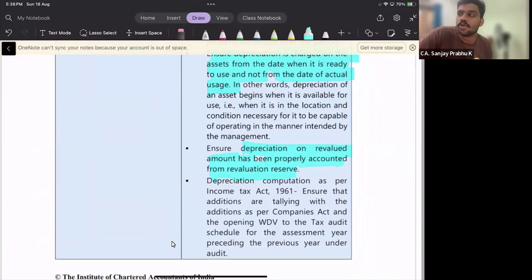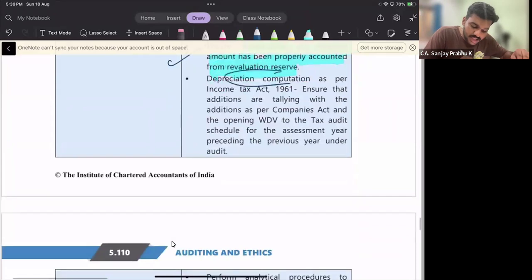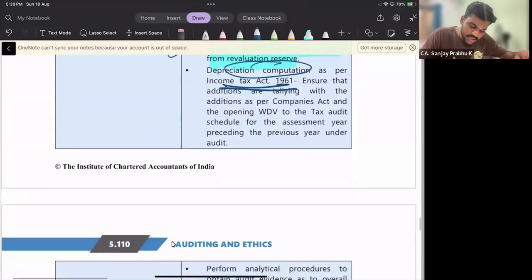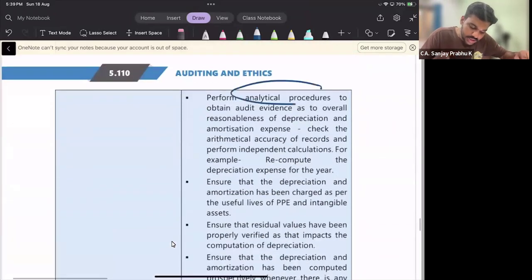I think you are already learning in your accounts about adjustments whenever you revalue an asset: depreciation on the revalued asset will be charged to the revaluation reserve. So just see whether such entries are properly adjusted in the books of account. Then see whether depreciation and computations are as per the Income Tax Act. Perform analytical procedures to obtain the overall reasonableness of depreciation.